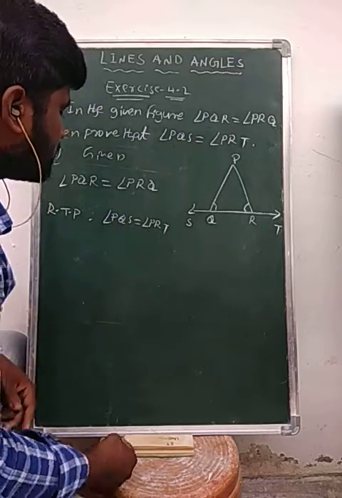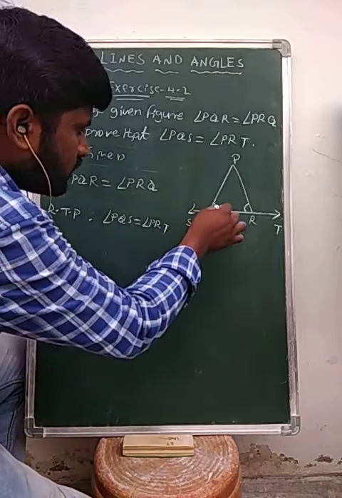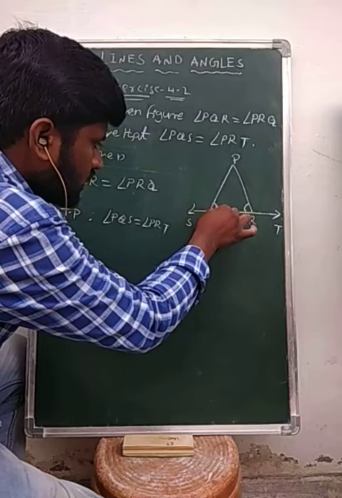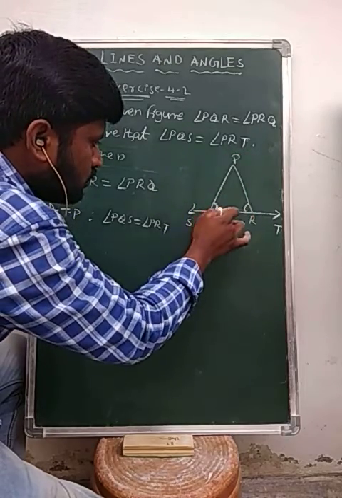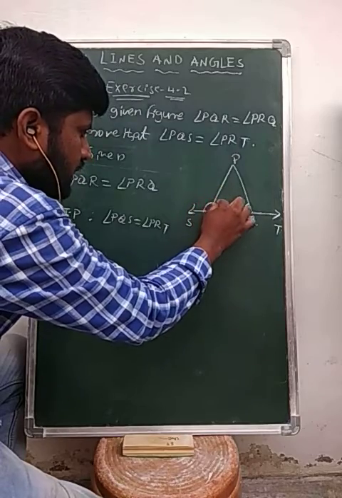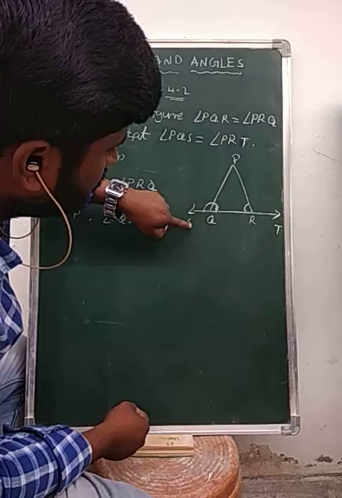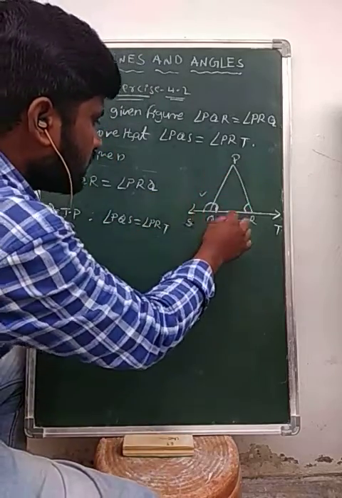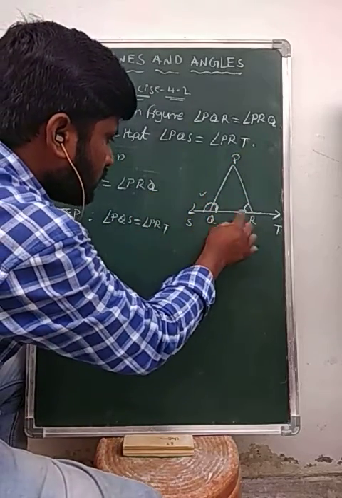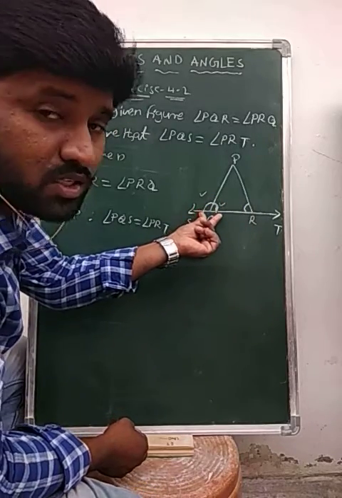This is what we need to show, required to prove. Then what I am doing, you just observe here, angle Q here, PQR, angle Q, and this side. These two angles are adjacent angles. PQS means this angle, and PQR means this angle. These two are adjacent angles and form a linear pair.